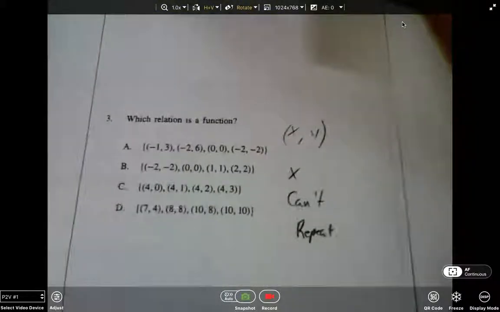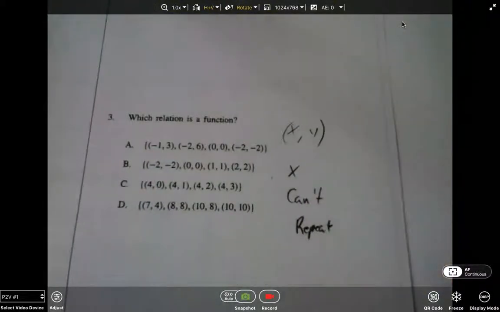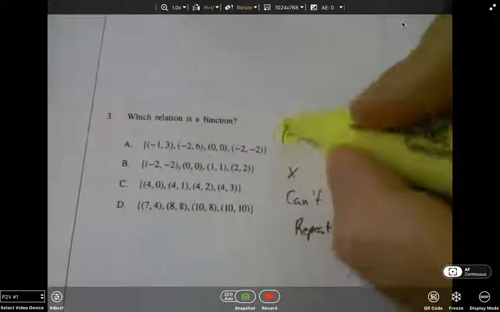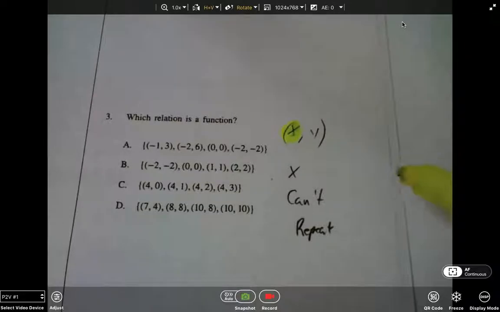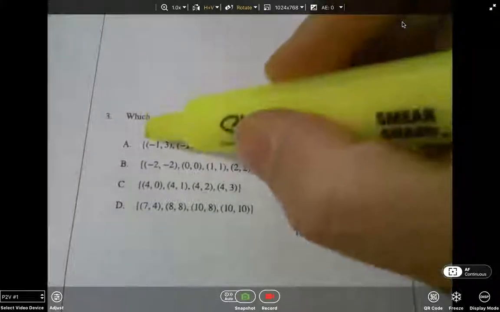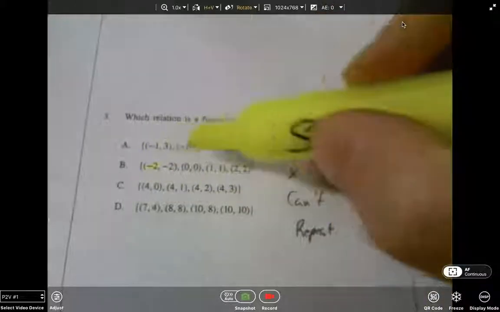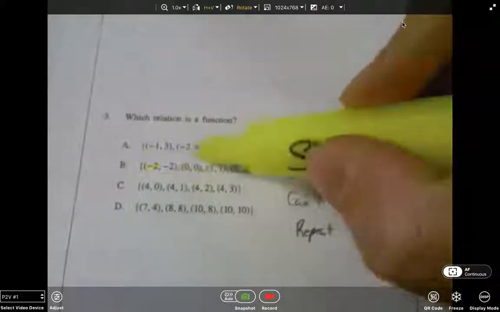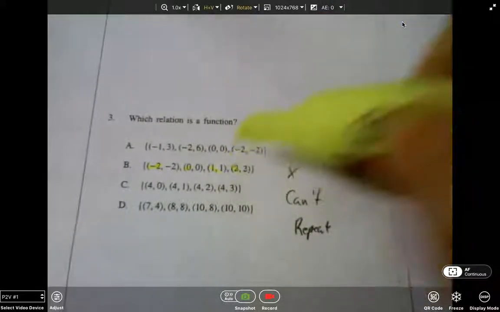Again for number 3, the x cannot repeat. So I'm looking at the coordinates and seeing if any of my x's repeat. Here, -2, 0, 1, 2.